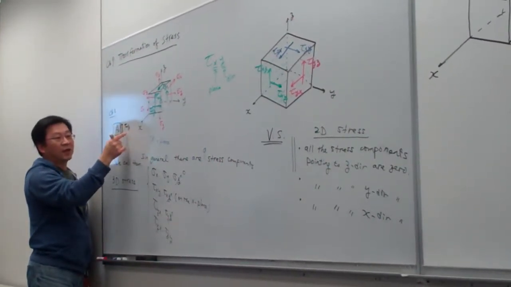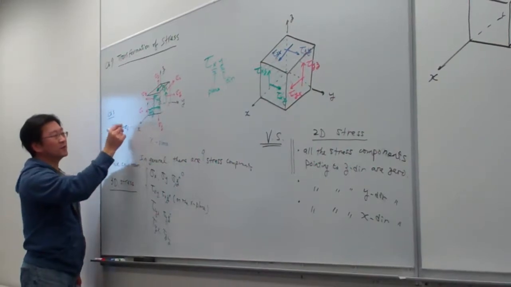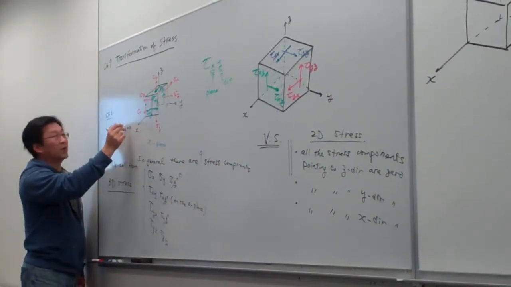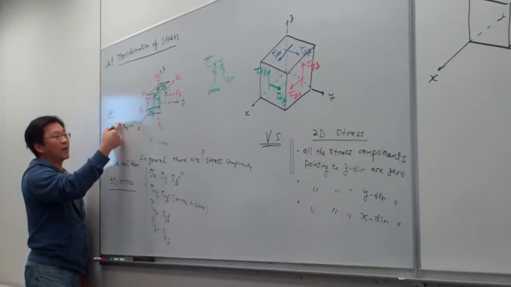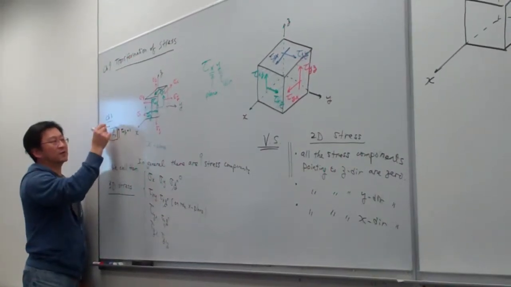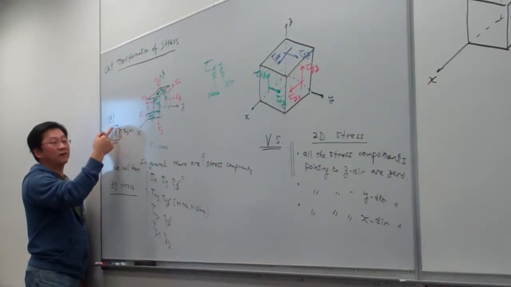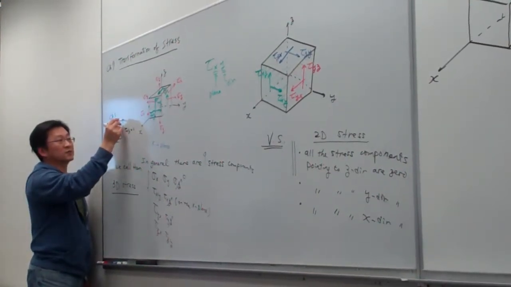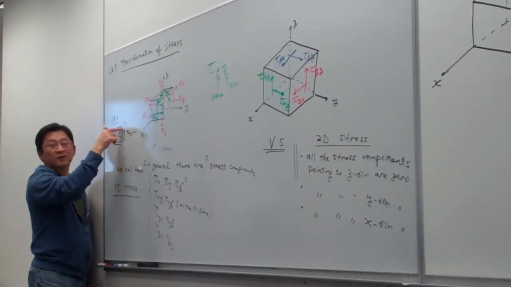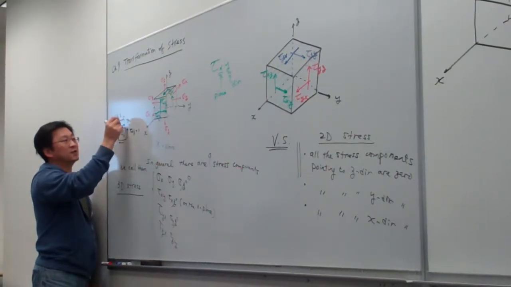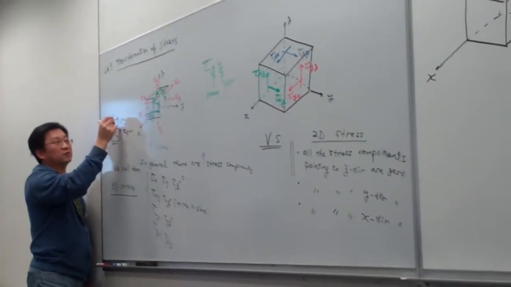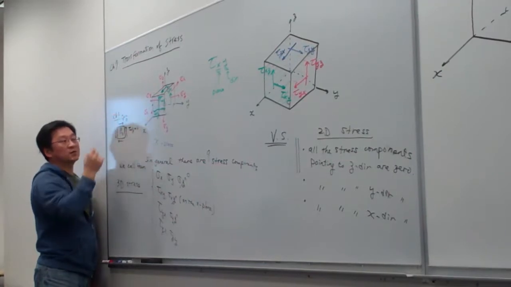And for our 2D scenario, this is equal to 0. From chapter 1, we know that once we have the shear stress on one side like this, the other three sides will be like this, and they must have the same value, which is equal to 0. And what is this component? This is in the Z plane, pointing to the x direction. So this one is equal to 0.